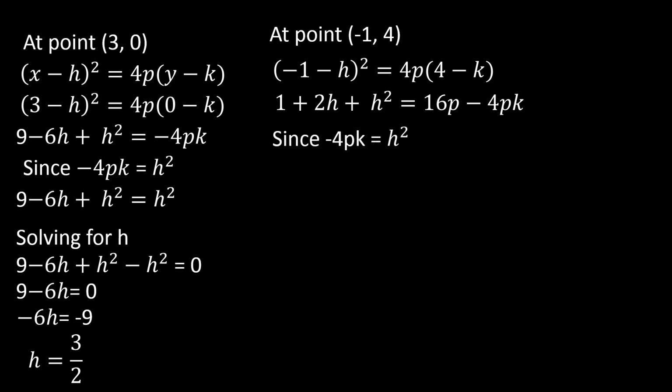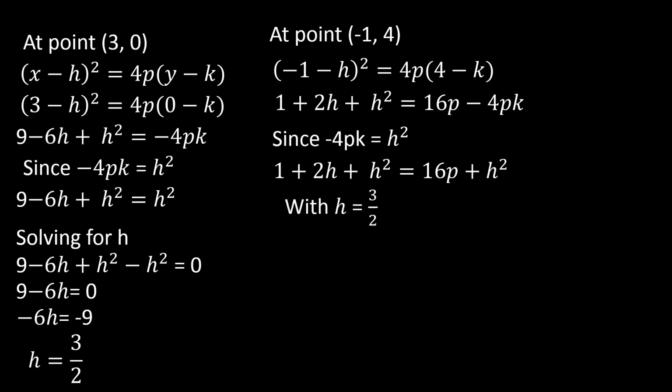Then in the previous step, we have negative 4pk as equivalent to h squared. So after the term 16p, which is minus 4pk, we can replace that by positive h squared. So we can now have 1 plus 2h plus h squared equals 16p plus h squared.